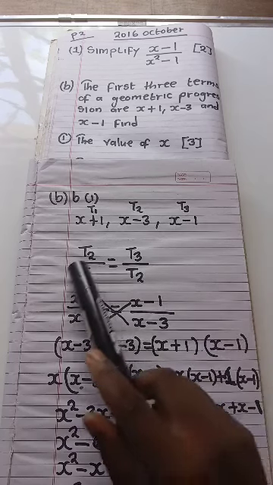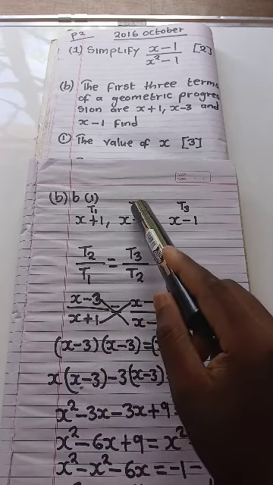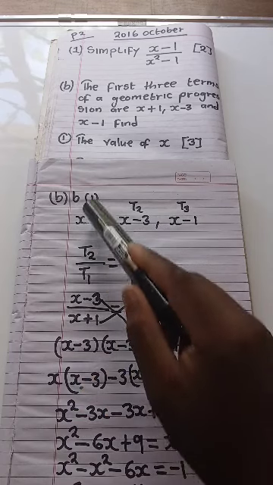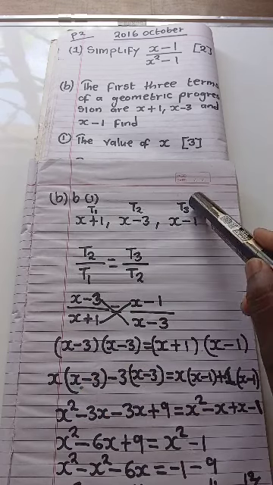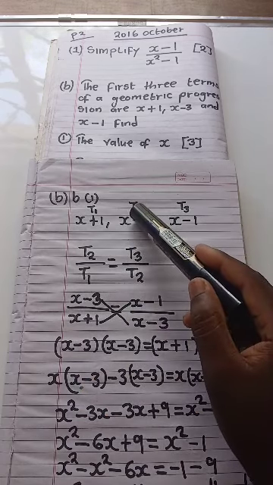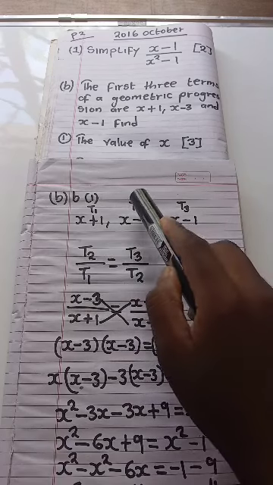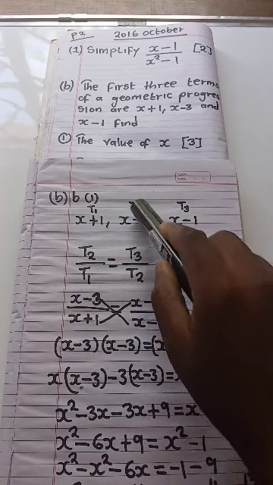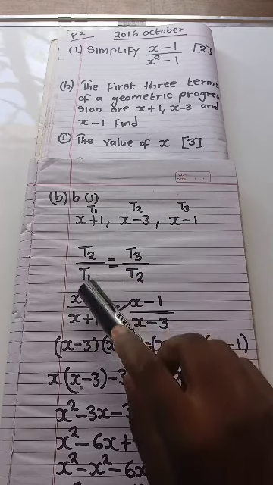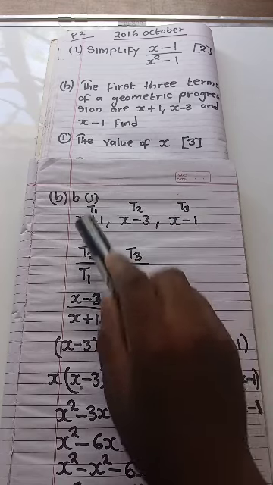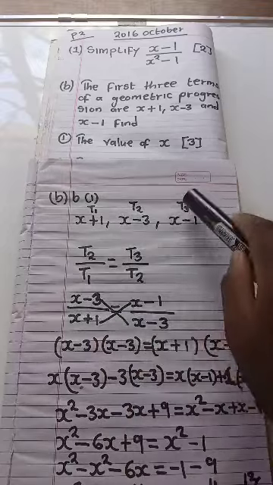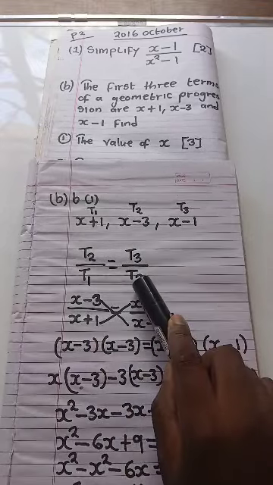So you formulate, you say term 2 over term 1 equals term 3 over term 2. This is how you come up with the formula.